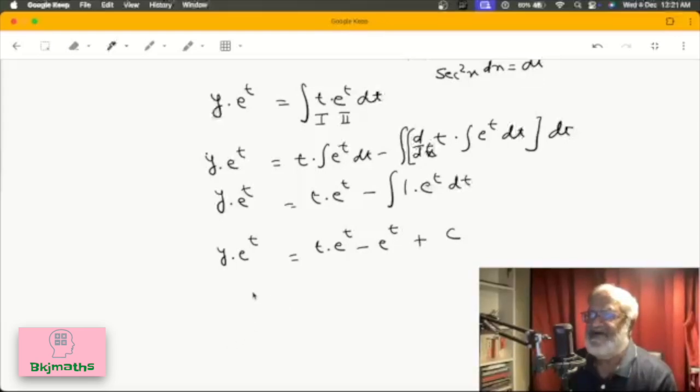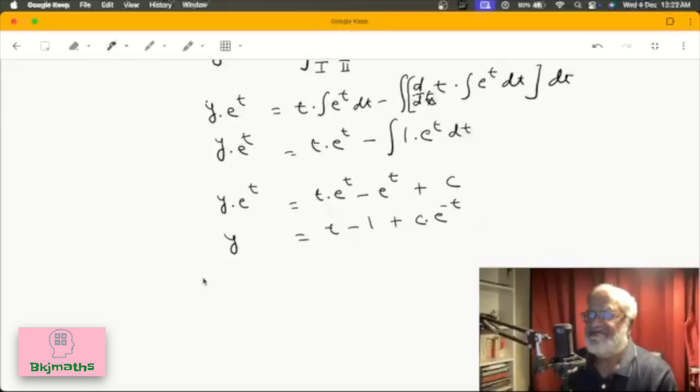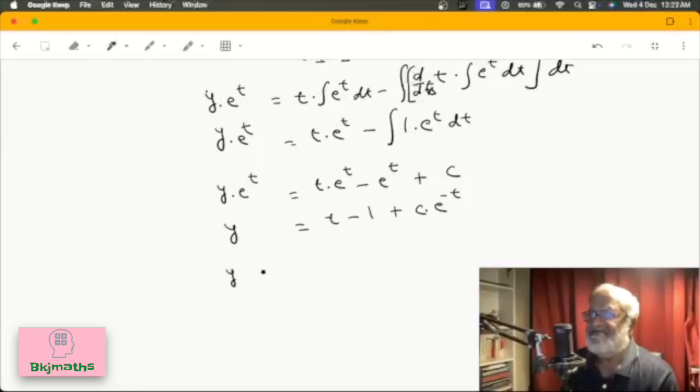Divide both sides by e to the power t. So y equals t minus 1 plus c into e to the power minus t. Put the value of t. So y equals, t is tan x, tan x minus 1 plus c into e to the power minus tan x. Answer.